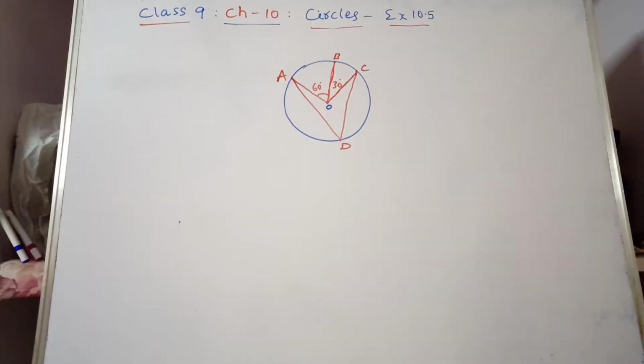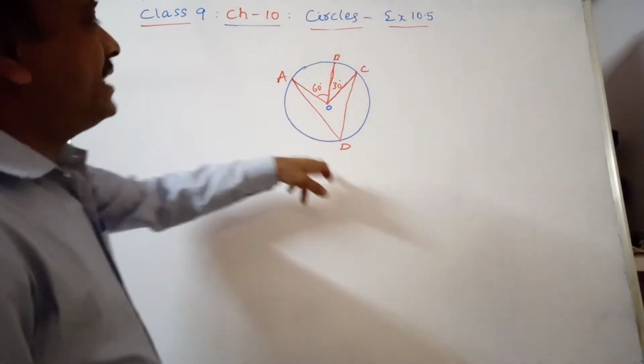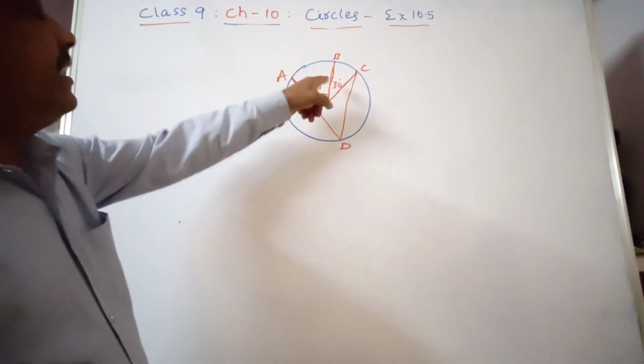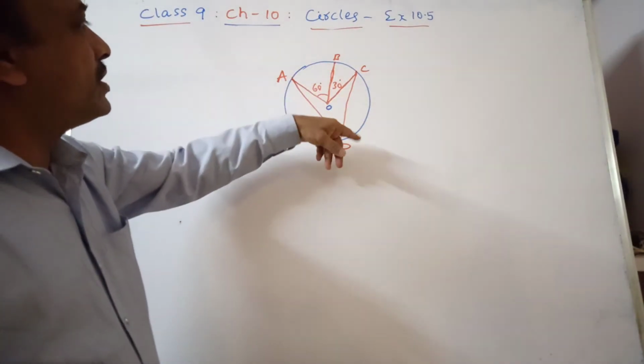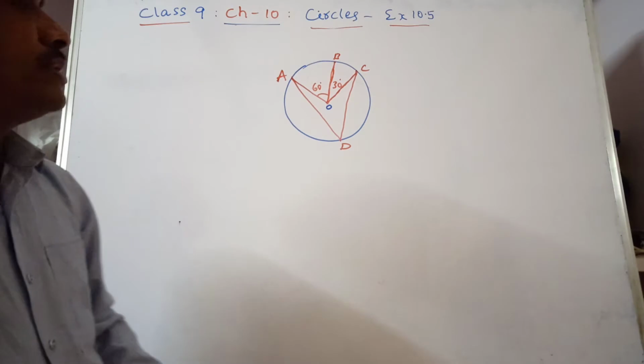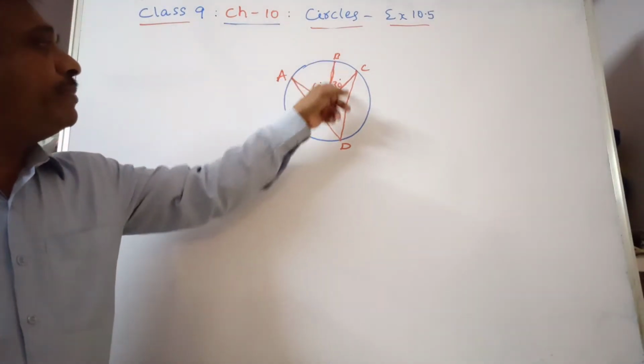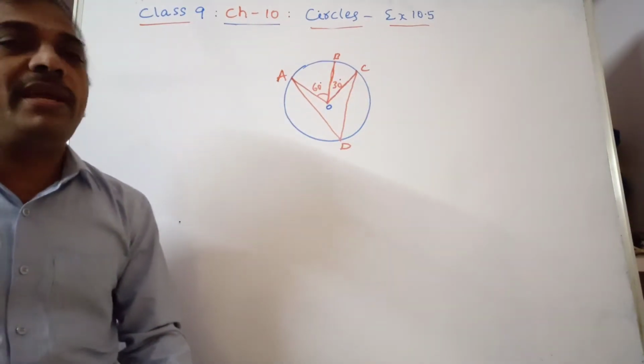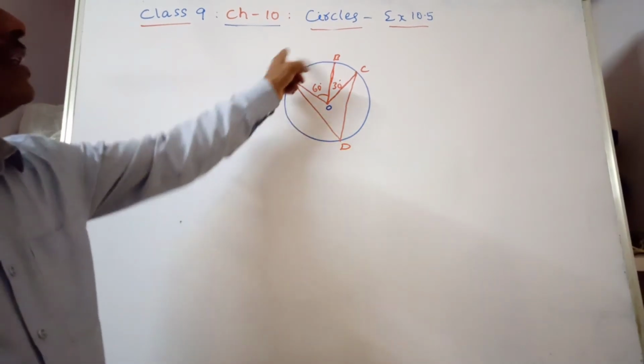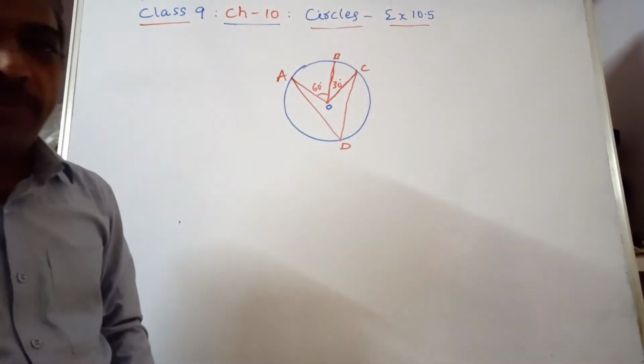ADC. Angle AOB is equal to 60 degrees and angle BOC is equal to 30 degrees. You have to find out angle ADC where D is not on the arc ABC.